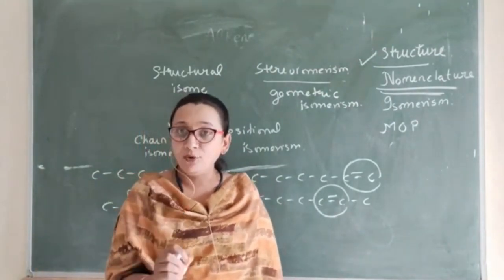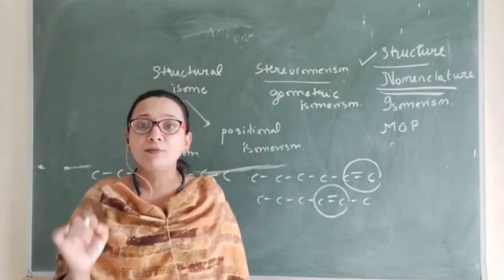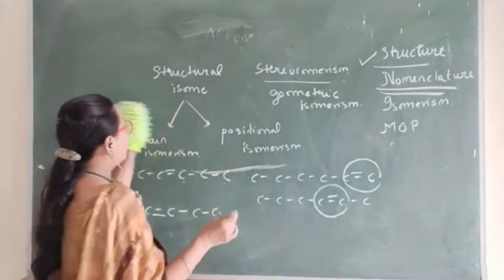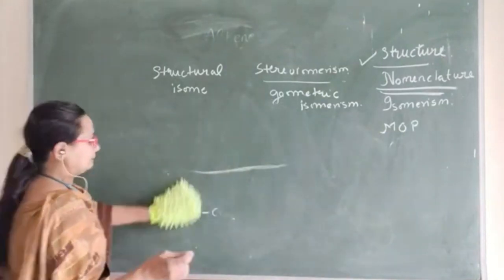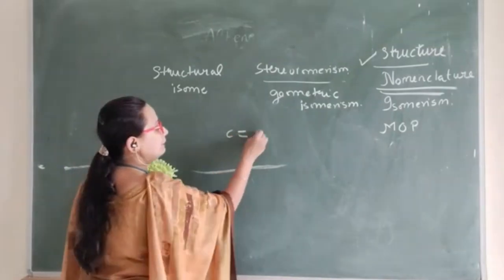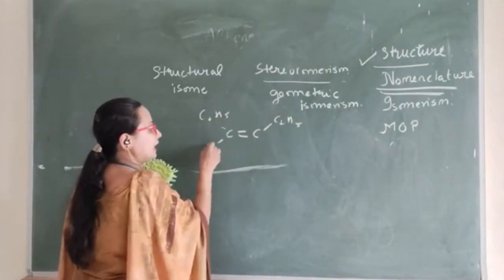Here, for now, we are just defining what geometric isomers are. Say, for example, a double bonded compound like this: C double bond C, C2H5, C2H5, H and H.